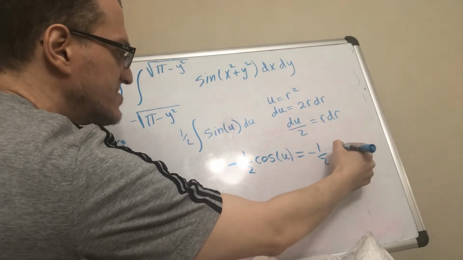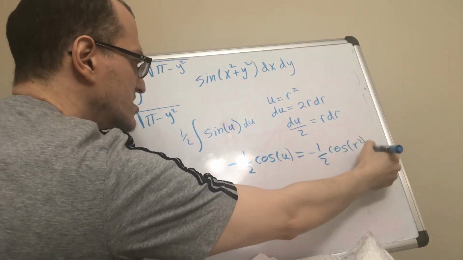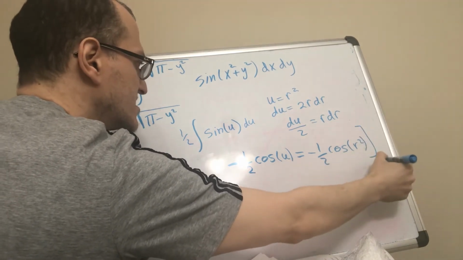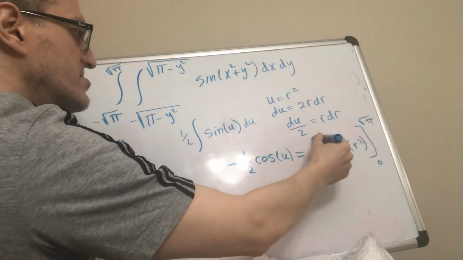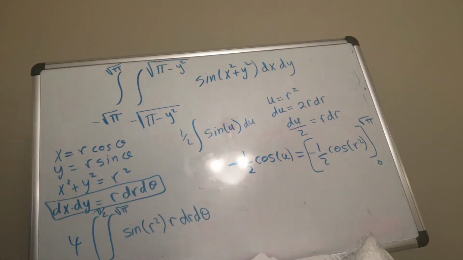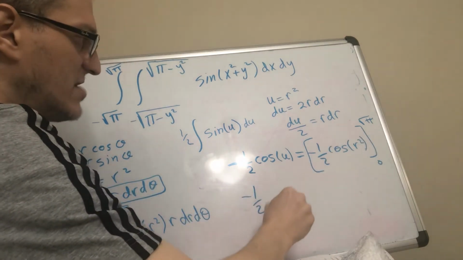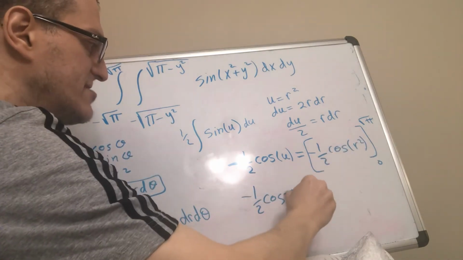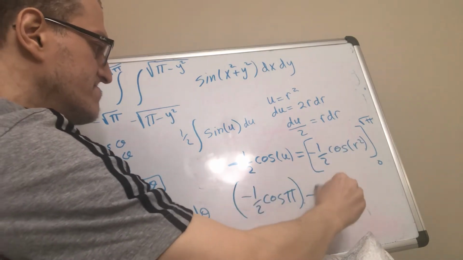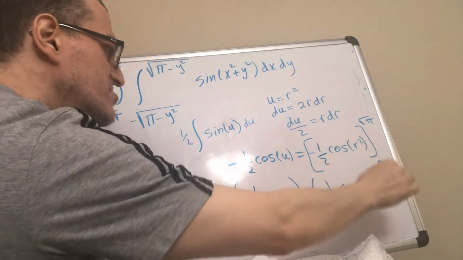So it's negative half cosine of r squared, from 0 to root pi. We plug in root pi, so it's negative half cosine of root pi squared, which becomes pi, and 0 becomes 0.